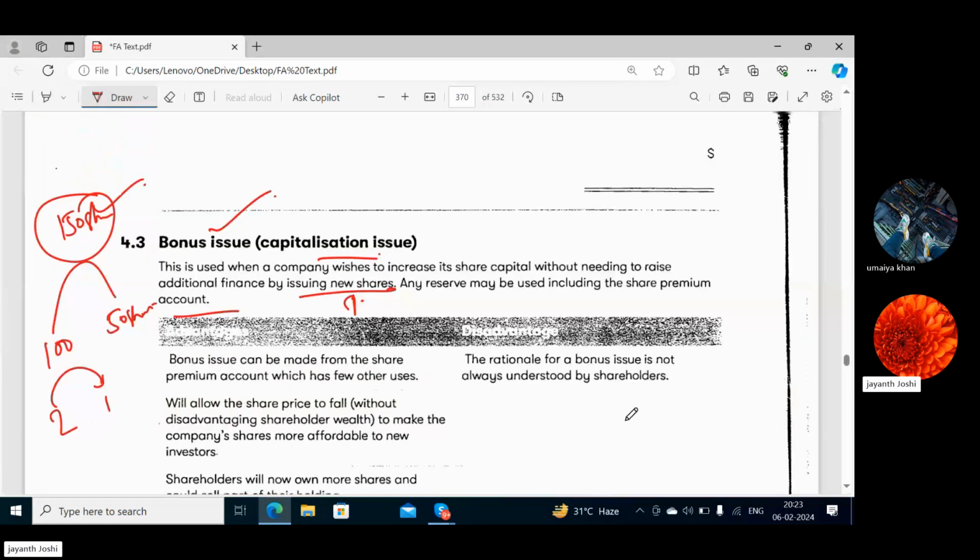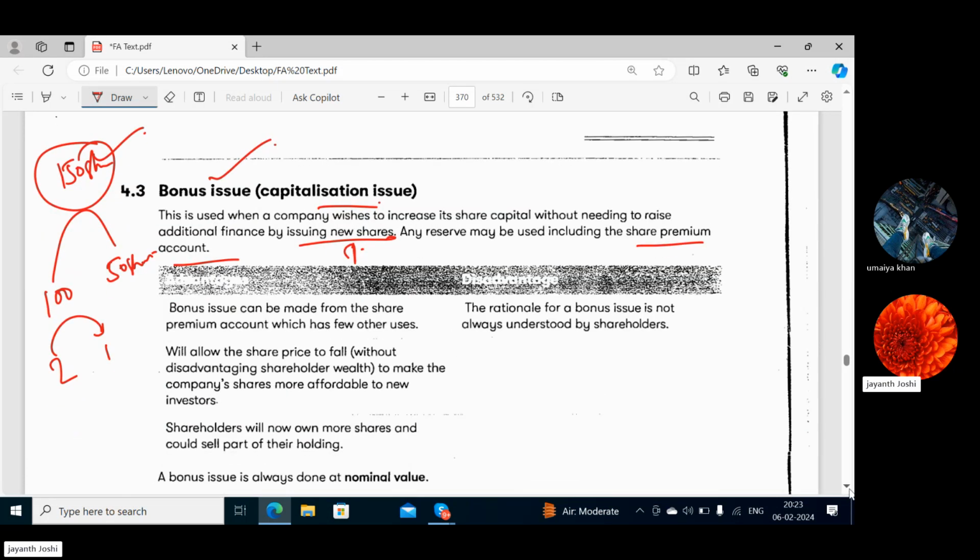They have to show that some amount worth of shares they are going to issue to people. So for that reason, they'll be using some kind of reserves. They can use the share premium account for that. Advantages: a bonus issue can be made from the share premium account, which has few other uses.